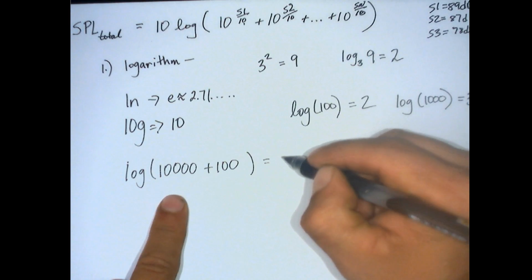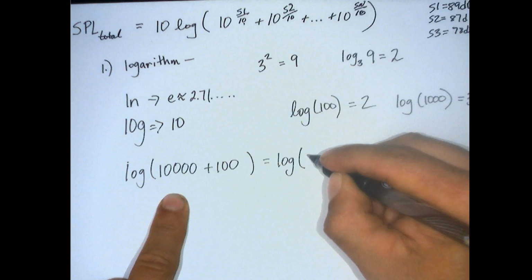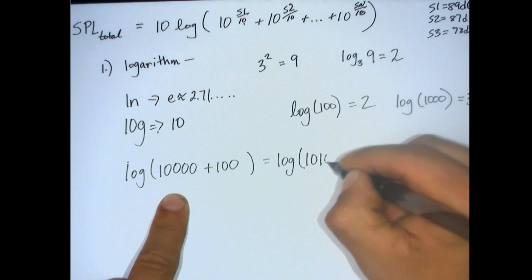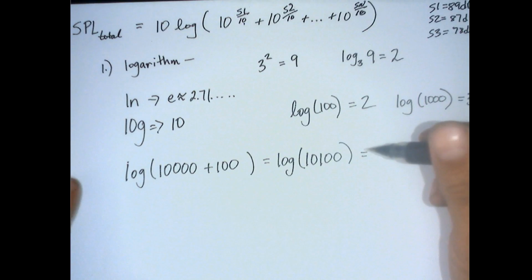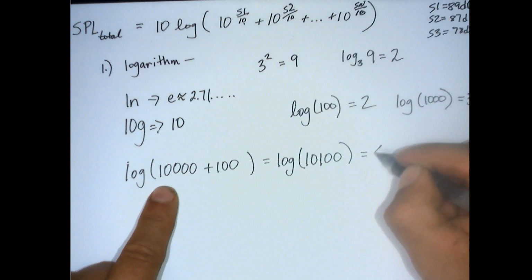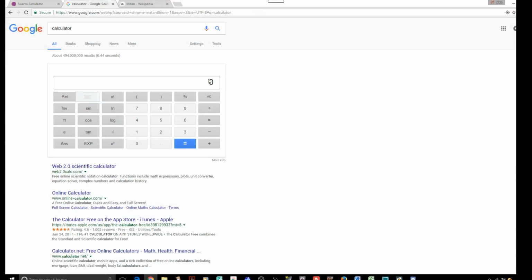So what we're finding here is the logarithm of 10100 when we add those 2 up, right? And what that's going to be is just a little bit over 4. So let's see what that is. We're going to go over to the calculator real quick so we can demonstrate how to find logs. This is just regular, I got on Google Chrome and typed in calculator.